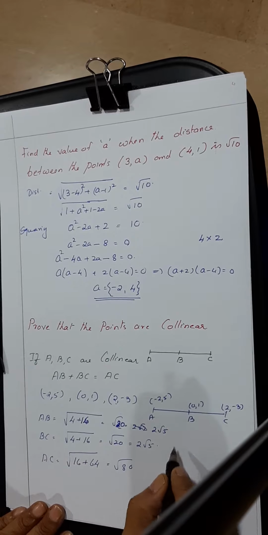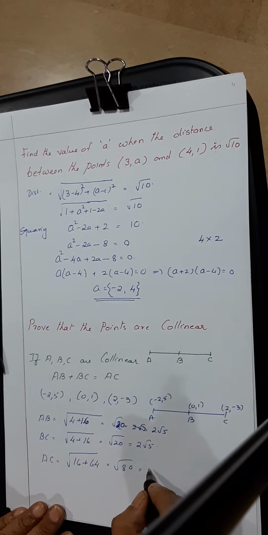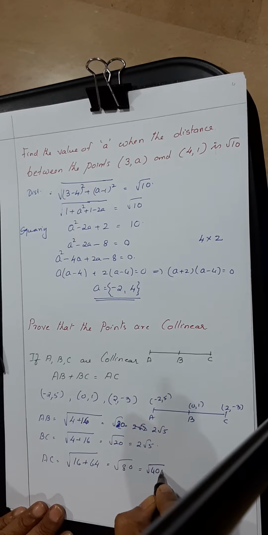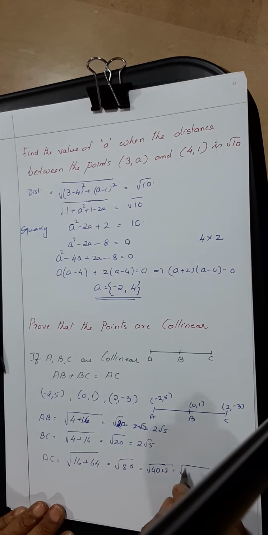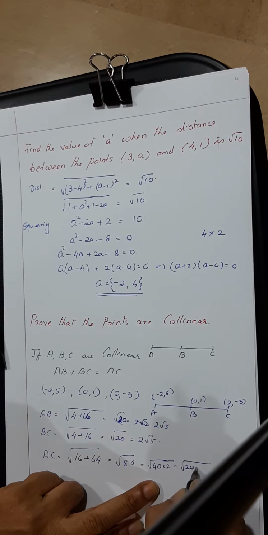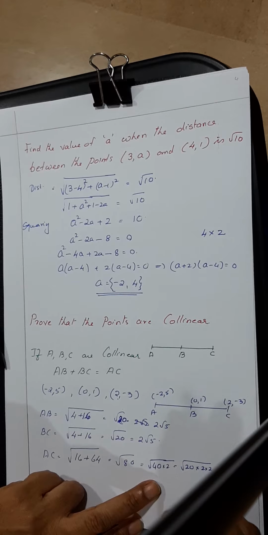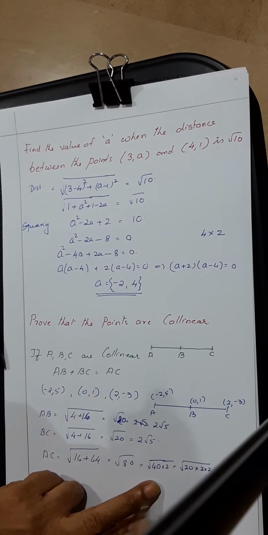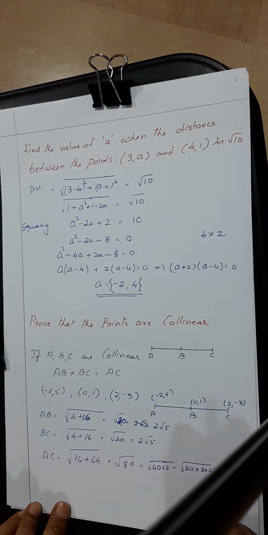So this is equal to root 80, which can be written as 40 into 2, still can be written as 20 into 2 into 2, still can be written as 5 into 4 into 4. So this is equal to 4 root 5.